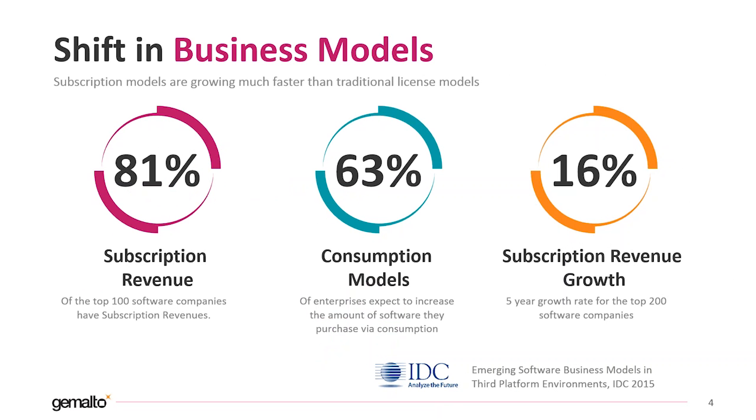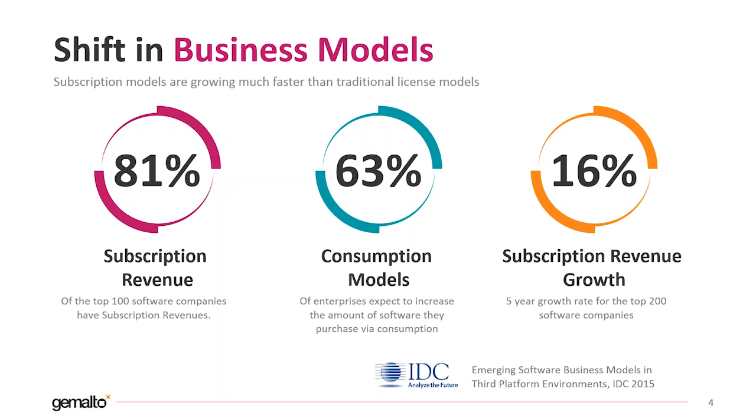So when we look at what the analysts see, this is a report that IDC have done called Emerging Software Business in what they call the third platform environments, and this was done in 2015. They looked at the top 100 software companies, and out of those, 81% had some level of subscription revenue.